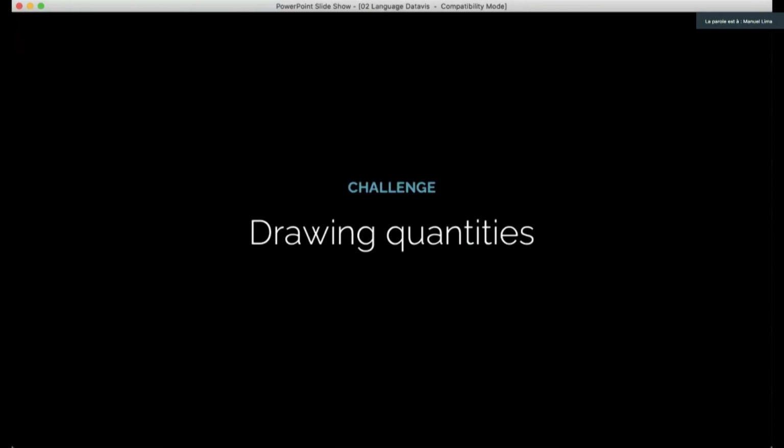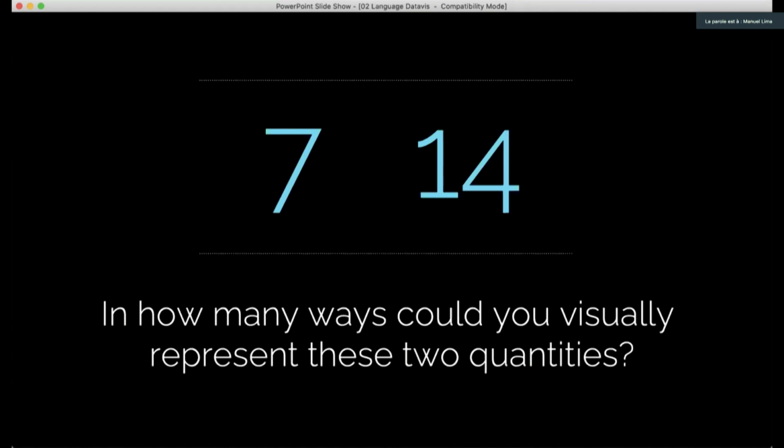So this is a challenge I normally ask people, drawing on quantities, right? In how many ways do you think it's possible for us to visually represent these two quantities, 7 and 14, right?